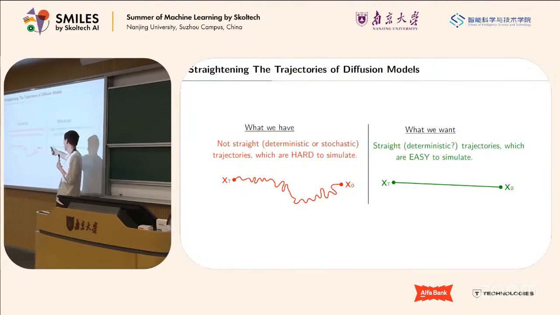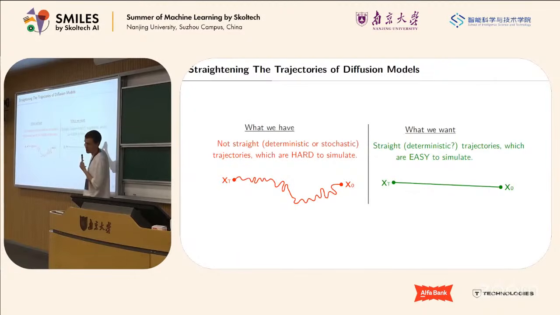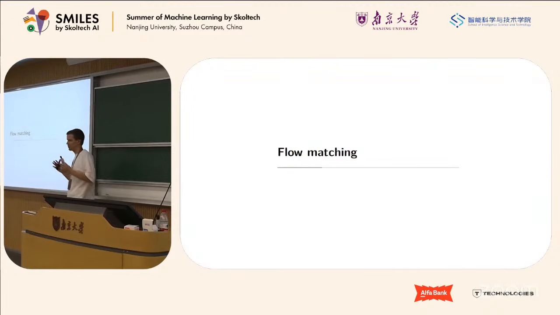Because you will just know the speed vector, for example, from the initial point, and you can just do a long jump, and there will be no error, because this is just a straight trajectory. And this is one of the ideas which actually led to this concept of flow matching generative models.